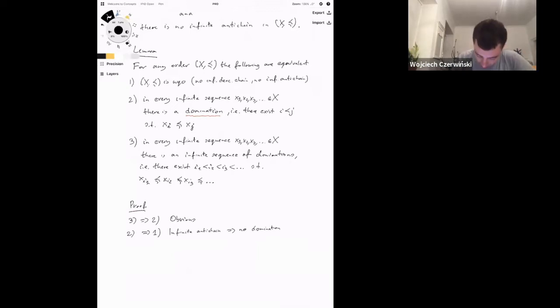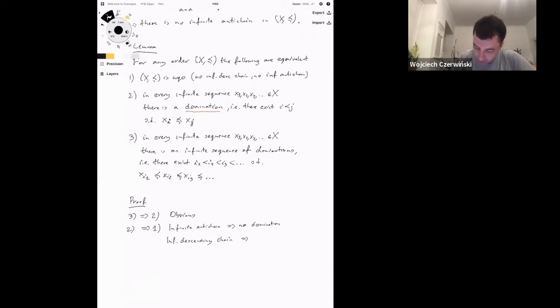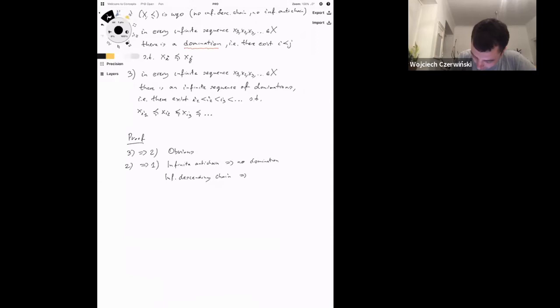So this also implies no domination. So if you know that in every sequence you have a domination, you cannot have an infinite anti-chain and you cannot have an infinite descending chain. And this finishes the proof of this implication.